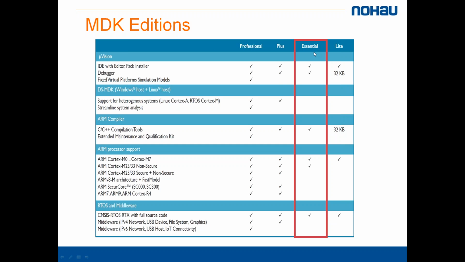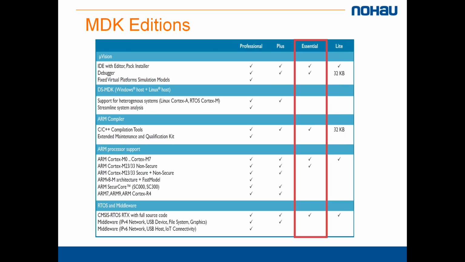One step up is the Essential, so MDK-ARM Essential. This was known as the Cortex-M version, but has now switched name to Essential. So for those of you who have the Cortex-M version, you will get an automatic upgrade, so to say, to the Essential version.